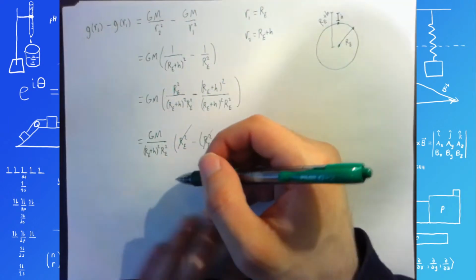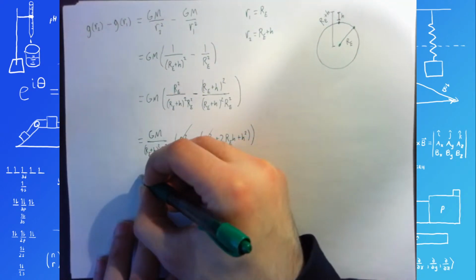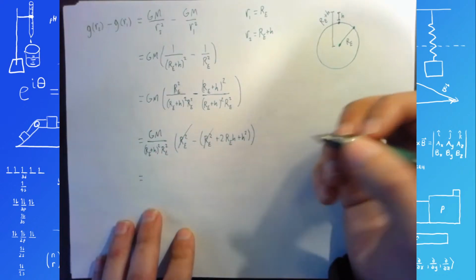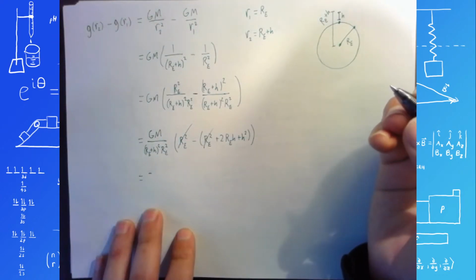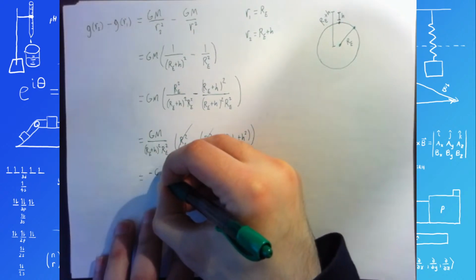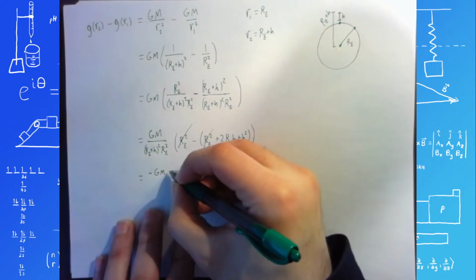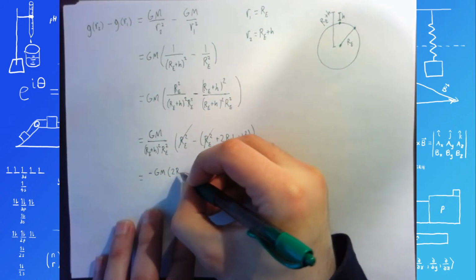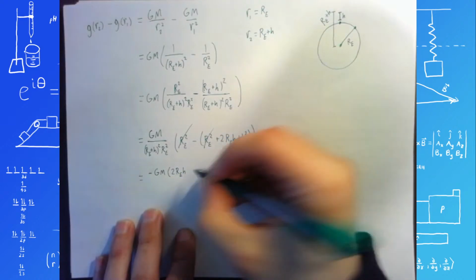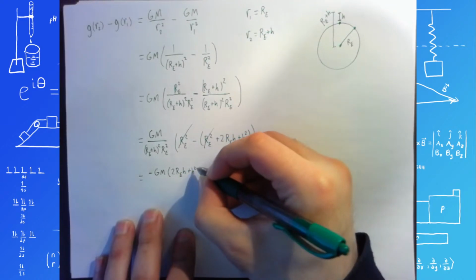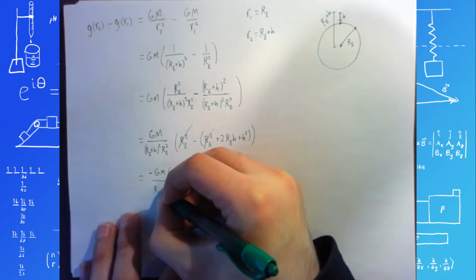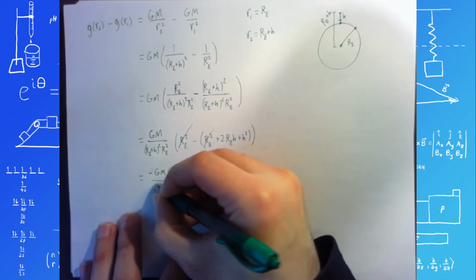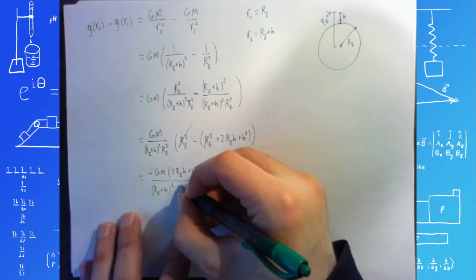Okay, yeah, that's right. Okay, so I get negative GM times 2 Re H plus H squared all over Re plus H squared times Re squared.